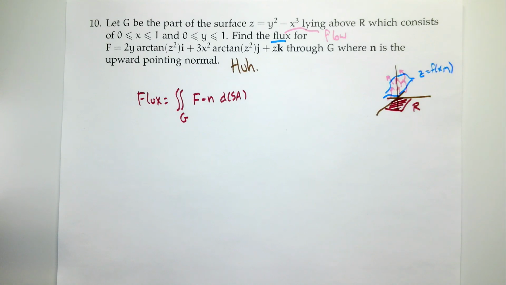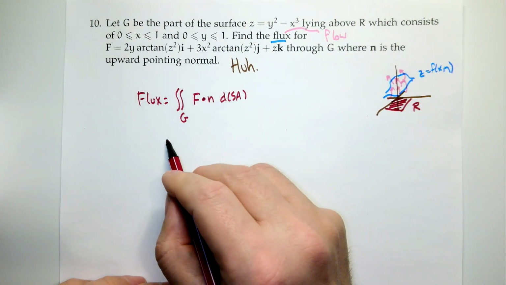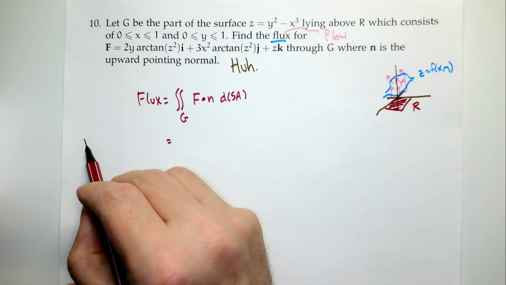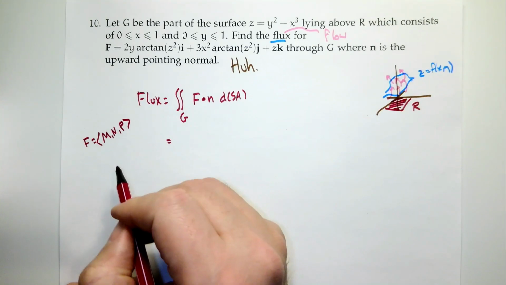Now, this looks bad and looks complicated, but now some good news. There's a beautiful case that's actually very easy. I'm going to think of F as being some M, N, P. It's a vector valued function.